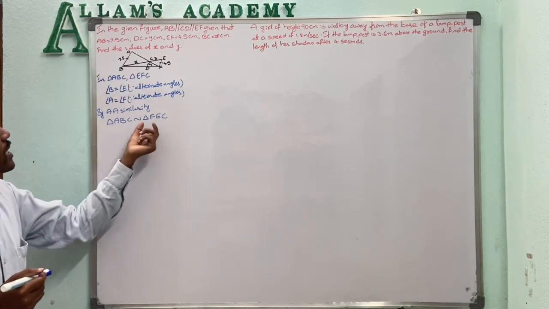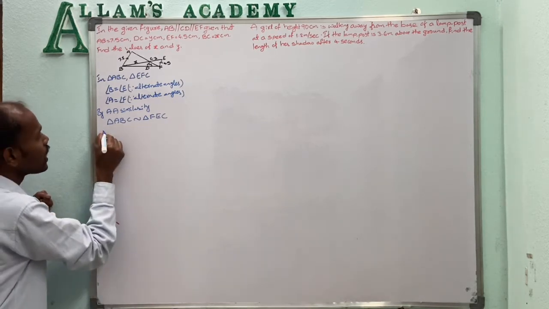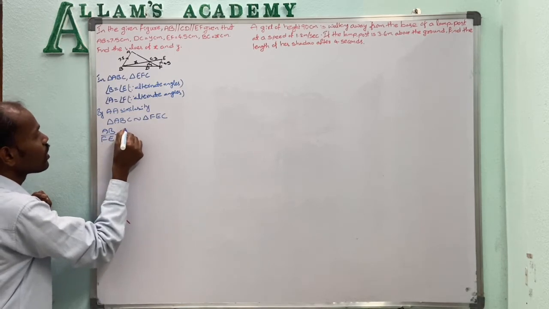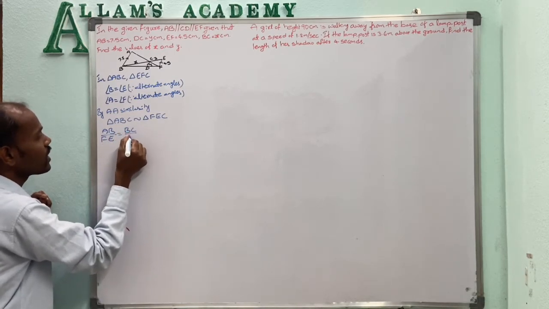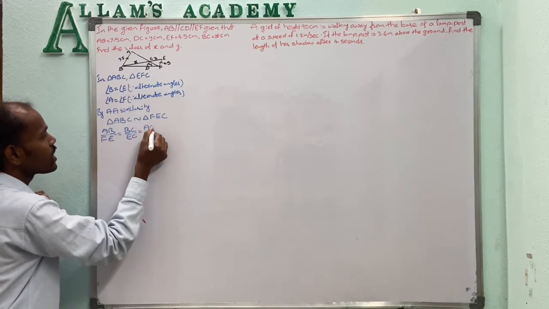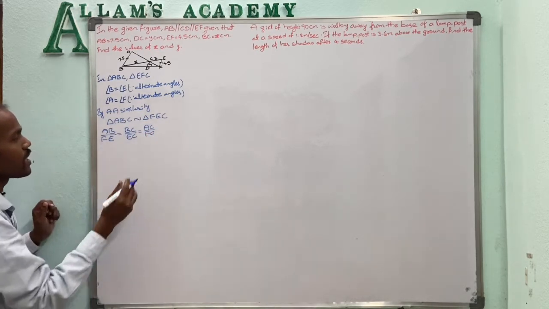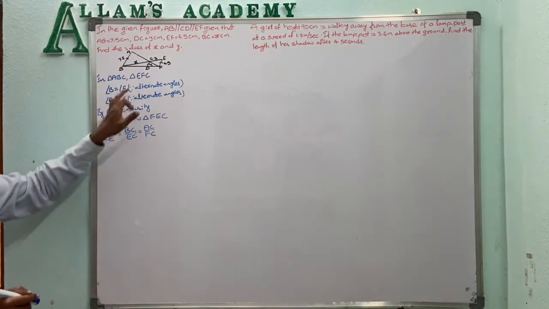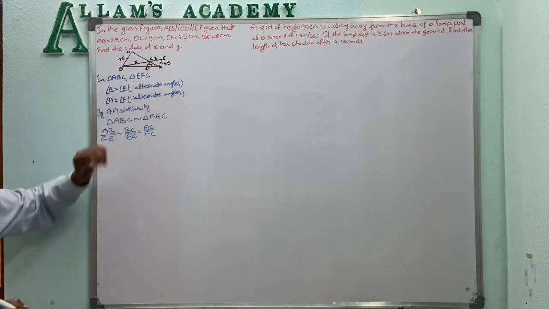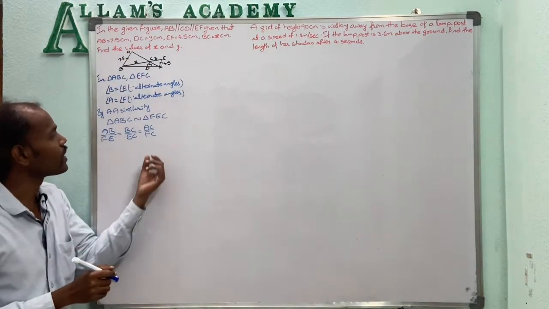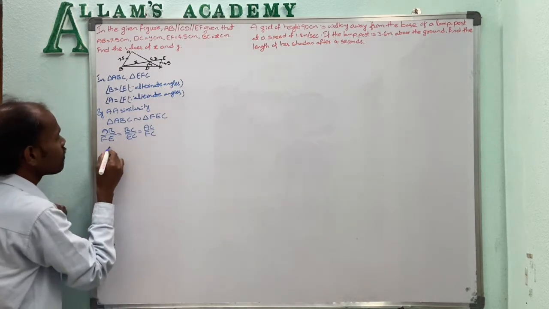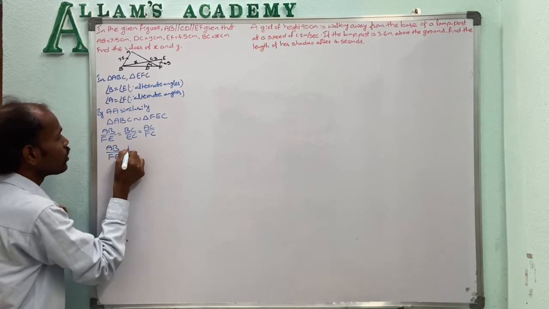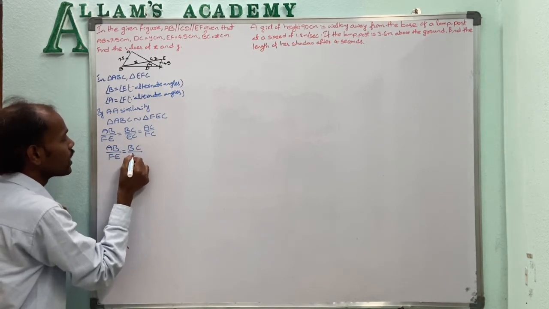Now the corresponding sides ratios: AB by FE equals BC by EC, which equals AC by FC. The lengths of AC and FC are not given, so we leave that one and take AB by FE equals BC by EC.